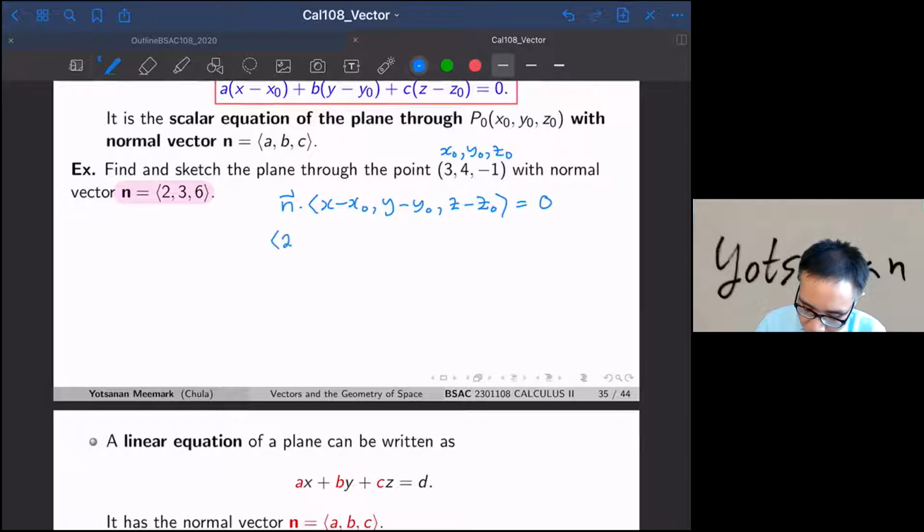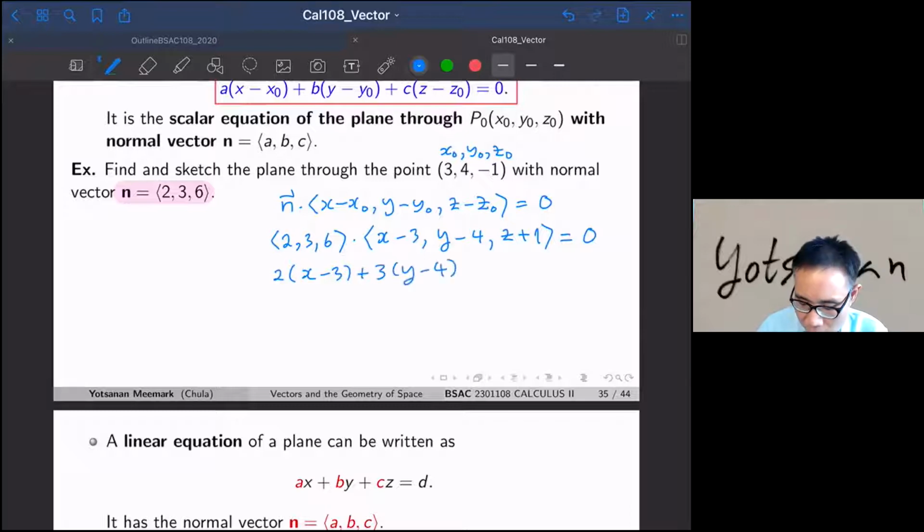So it's going to be (2, 3, 6) dot (x minus 3, y minus 4, z plus 1) equal to 0. Okay, and so you get 2(x minus 3) plus 3(y minus 4) plus 6(z plus 1) equal to 0.